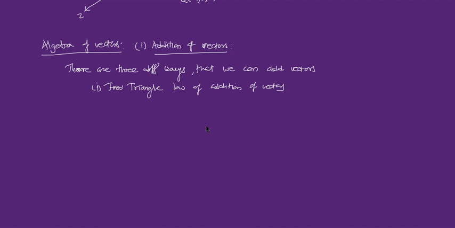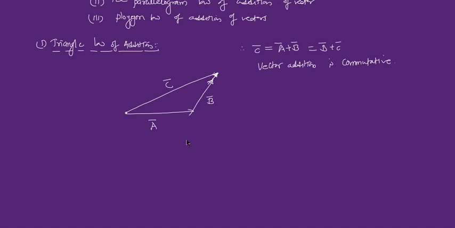Either you can take A bar plus B bar, or you can take B bar plus A bar. Geometrically we are doing the same thing. We get C as a resultant of the addition of vectors A bar and B bar. So the triangle law of addition of vectors is a simple process where we complete a triangle from the starting point of vector A to the end point of vector B, and connecting these two points gives a new vector C bar, as shown in the diagram.